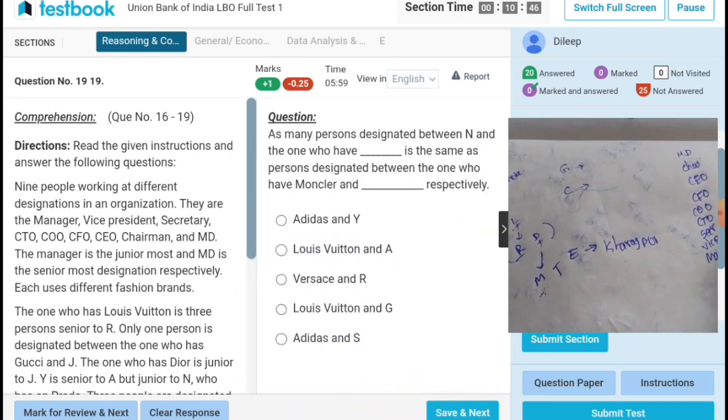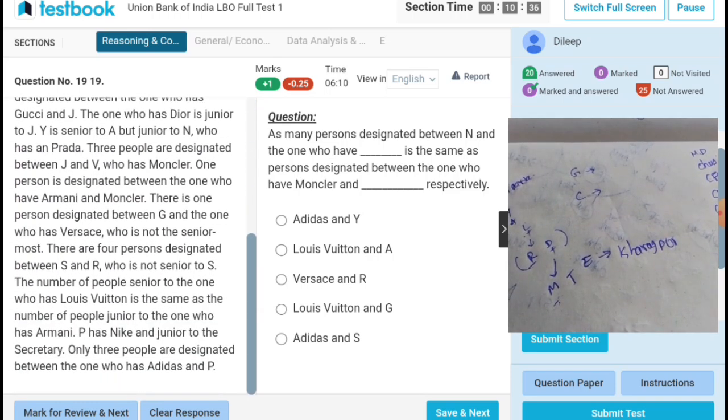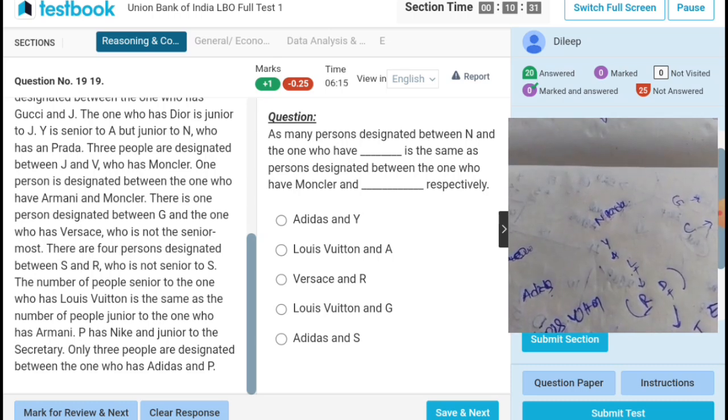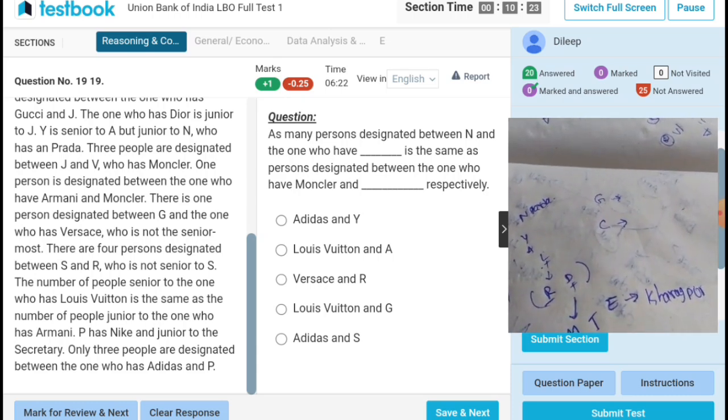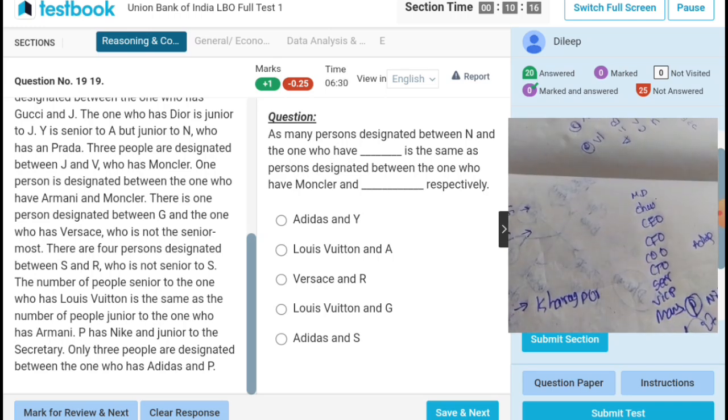Okay. One person designated between the P and junior to the secretary. Only 3 people between the Adidas and P.